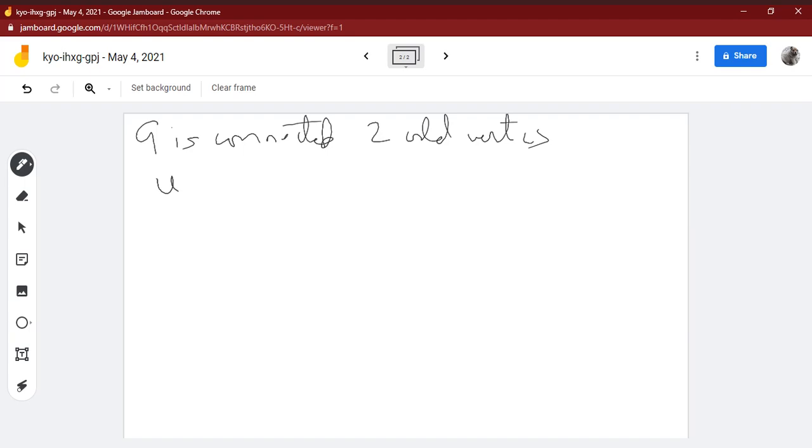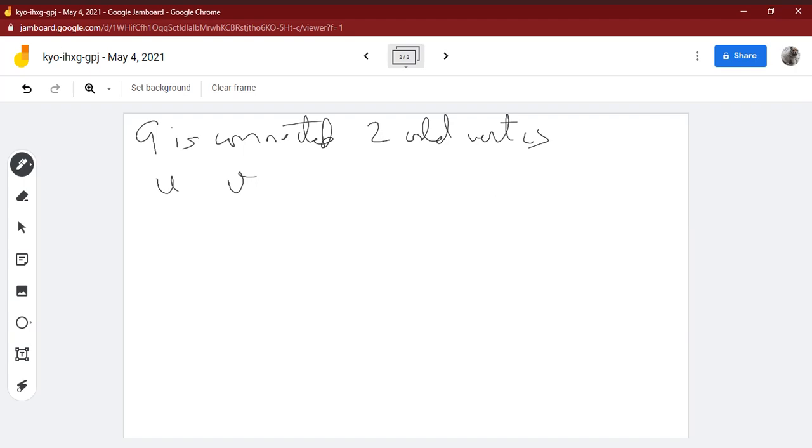Let us suppose that u and v are those two odd vertices. Remember that G cannot have just one odd vertex, because in our first two or three classes we did a theorem that the number of odd vertices is always even. The total number of degrees is always even, because each edge gives two to the degree sum. So the total number of odd vertices will also be even.